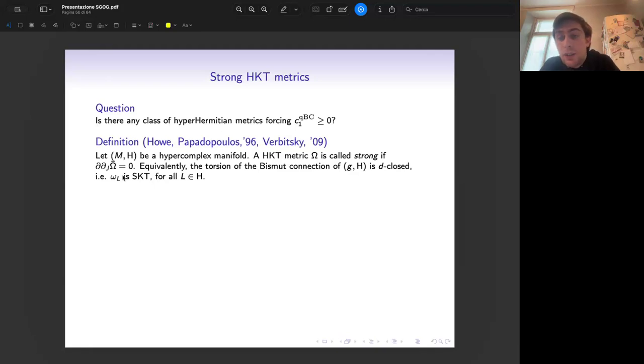And this definition allows us to say that all the Hermitian pairs we can build out of the hypercomplex hyper-Hermitian structure are all SKT. And contrary to HKT metrics, examples of these metrics are quite rare.